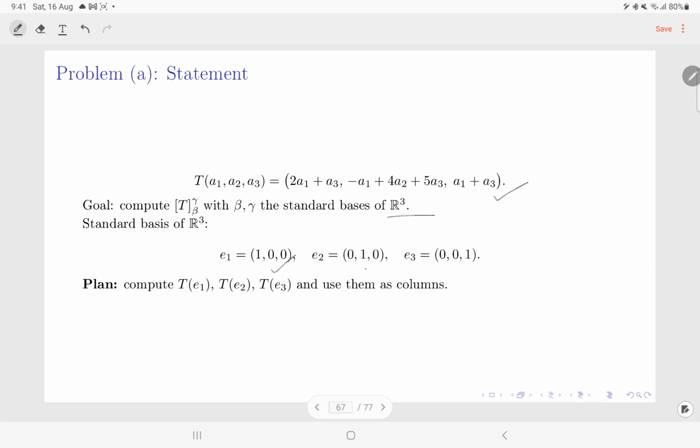We already know this standard basis in R3. I have already told you to take the transformation corresponding to the first basis, second basis, and third basis, and write them as columns in terms of the basis of gamma.